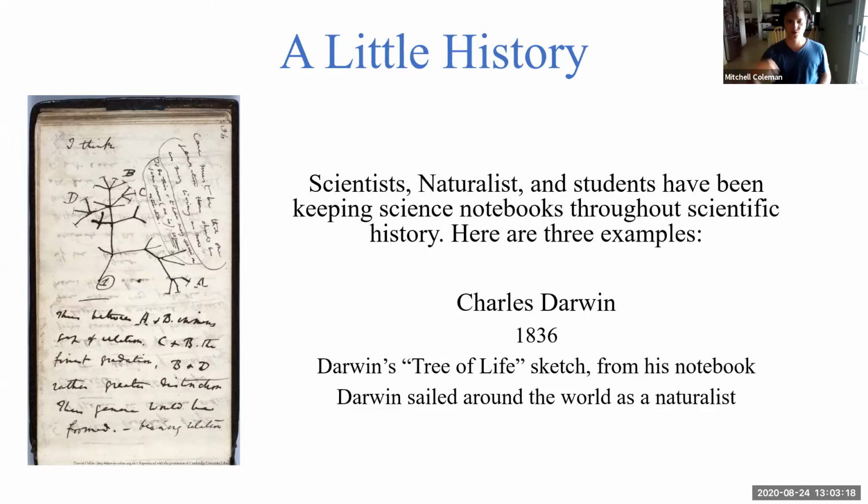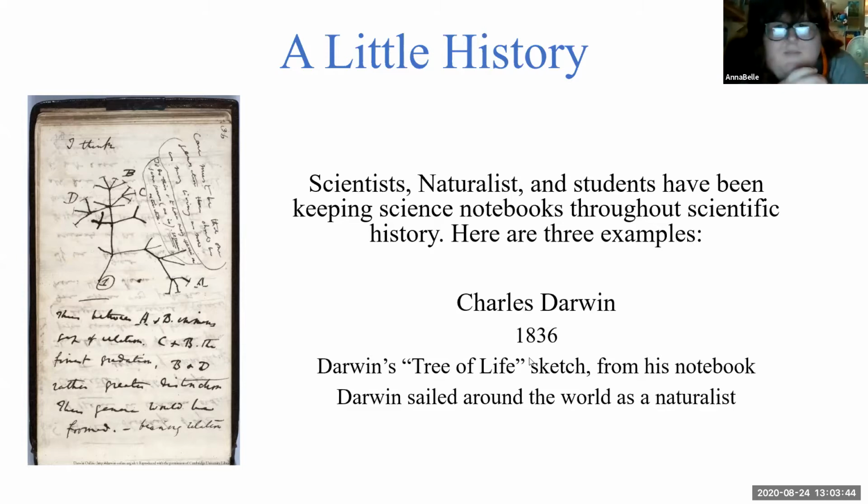There's a rich history that we can draw on, lots of examples. I'll point to a recent example, and by recent I mean within the last couple hundred years, because notebooking goes back clear to ancient history. But Charles Darwin, I'm going to go ahead and say that's recent history. We'll talk about Charles Darwin a lot more when we get to that part of the class, but I suspect you've heard his name before.